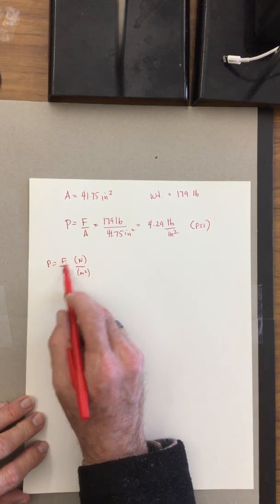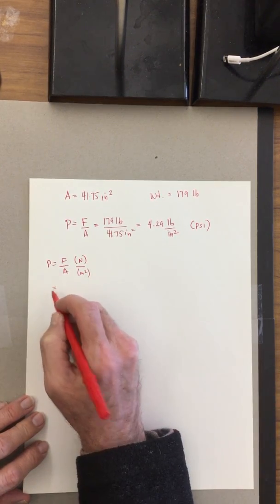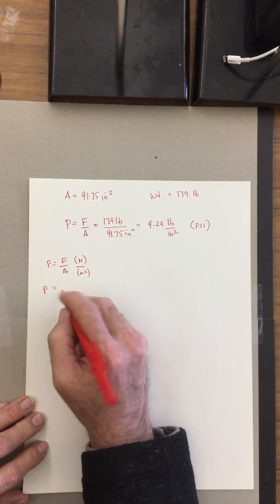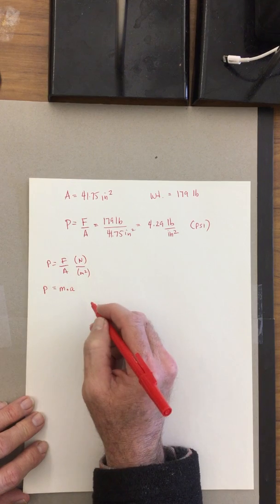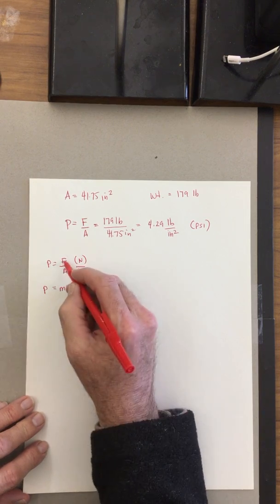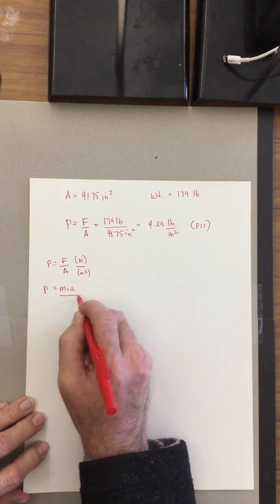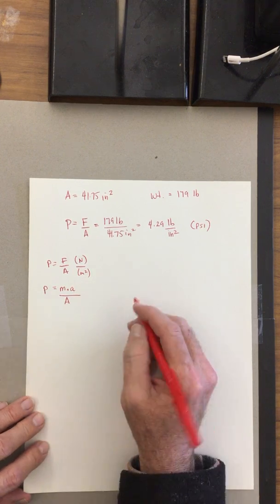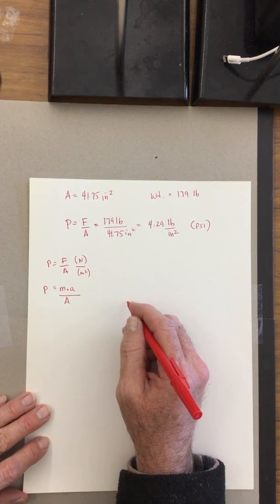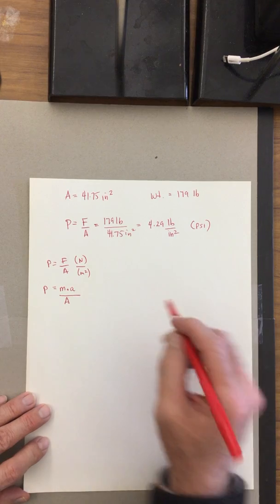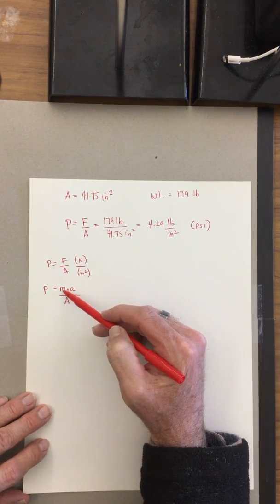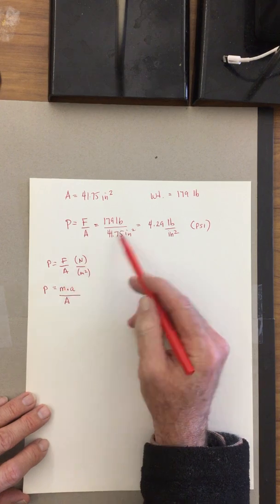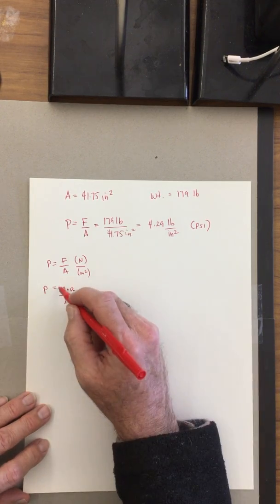Okay, let's take a look at force. From previously, we know that force is equal to mass times acceleration. So the mass times acceleration is going to be on the top, and the area is still going to be on the bottom. So when we're taking a look at pounds per square inch, pound is sort of like mass, and inch is an area.